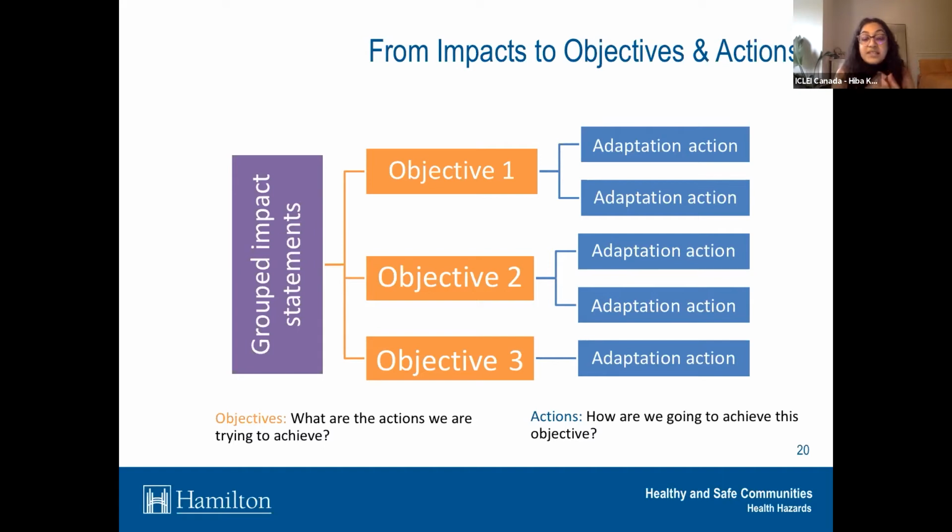These actions, as much as possible, should be measurable but realistic. We really want them to build upon any previous work, work that's been done by the city or work being done in the community already. You really provide that lens as well. And like I said, they can be implemented by the city, by community organizations, partners, and individuals as well.